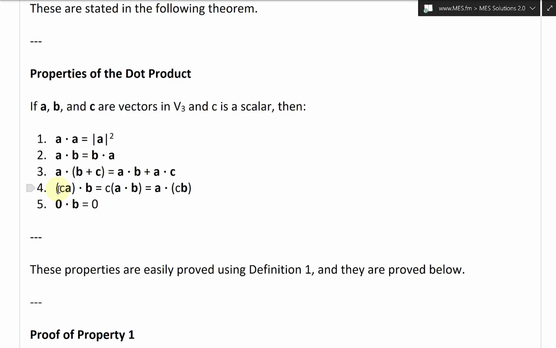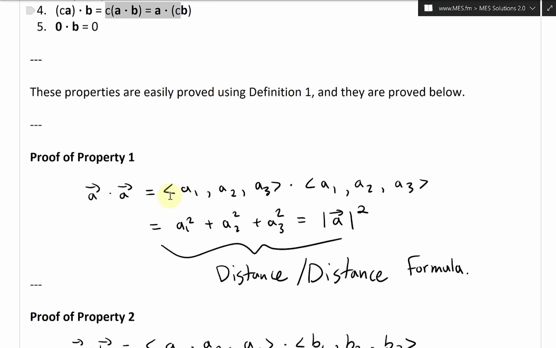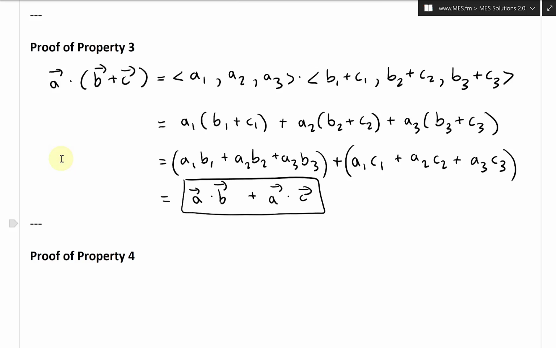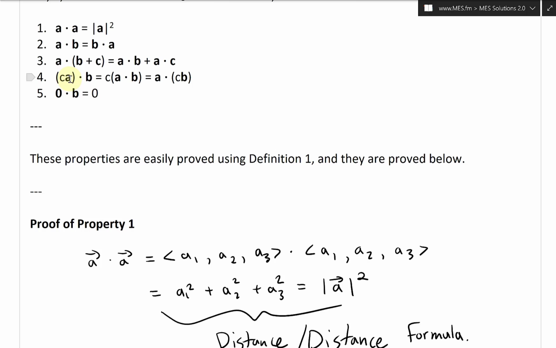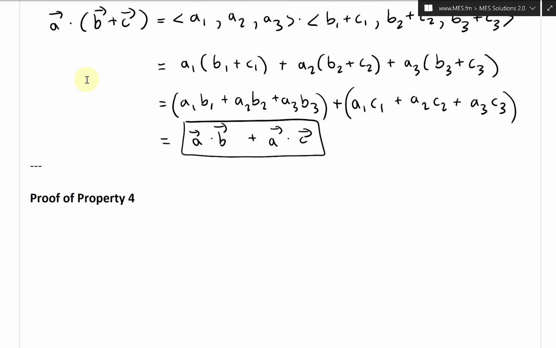Now the next one, property 4. We'll look at the scalar C times A, dot product with B, and show that it equals these two. You can take the scalar out, or you can move it over to the B side, and so on. So that's property 4. Let's write this down: the scalar C times the A vector, dot product with the B vector, equals, and we write these in components.